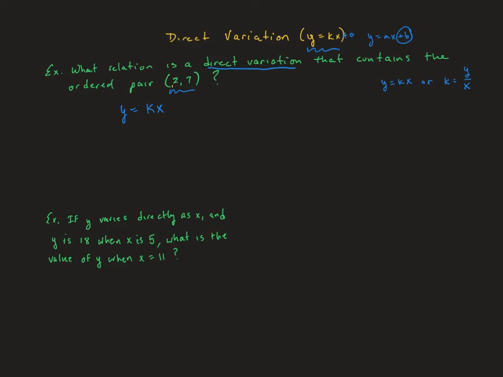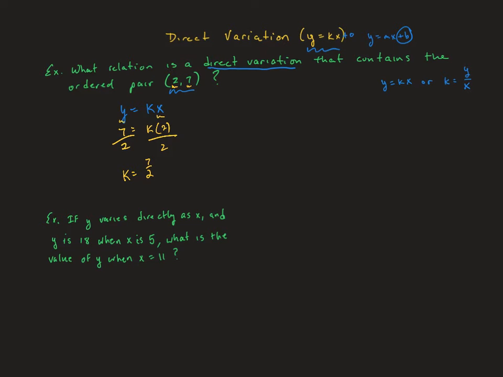So I'm going to replace my x with my x value, my y with my y value, so then that would be 7 is equal to k times 2. And now let's just go ahead and isolate that as a quotient. So I'm going to divide both sides by 2, and k is going to be equal to 7 halves.